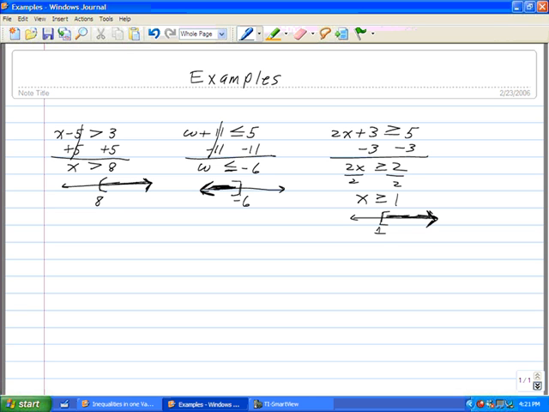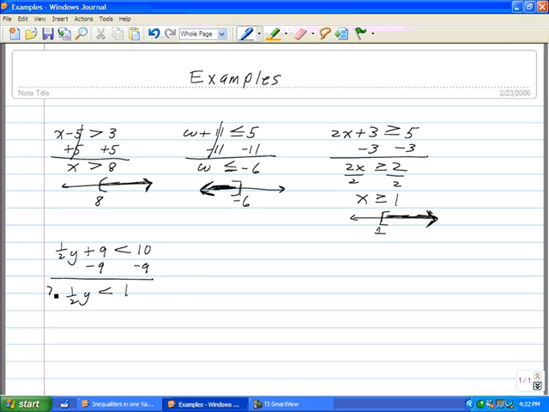For example, if I had a 1/2 y plus 9 being less than 10, I could subtract the 9 from both sides, and I get a 1/2 y being less than 1.